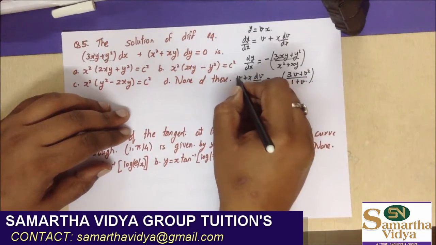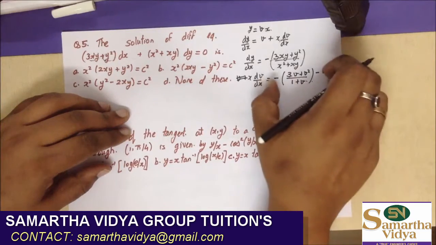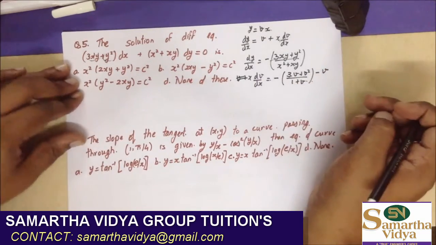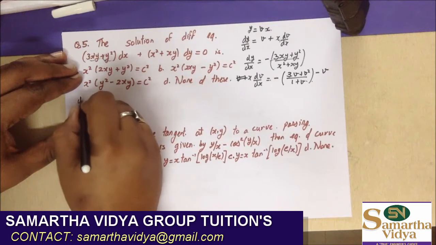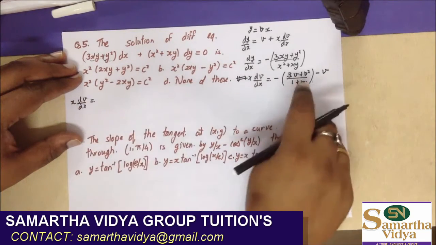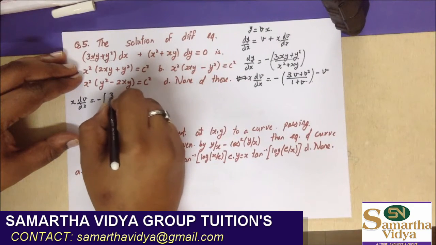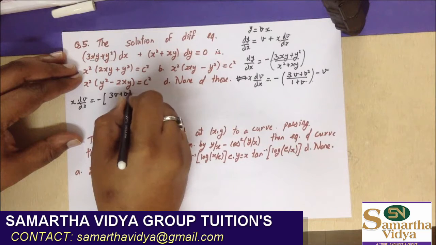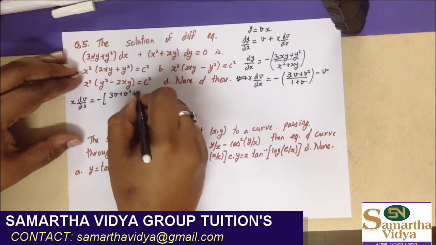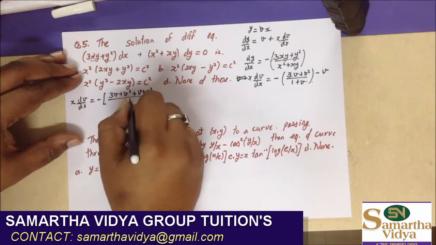After this we can take this v on the other side, so this becomes minus v, and now let us find the LCM or just cross multiply. So I'll be getting x dv/dx = minus, taking the minus common, (3v + v² + v + v²)/(1 + v).